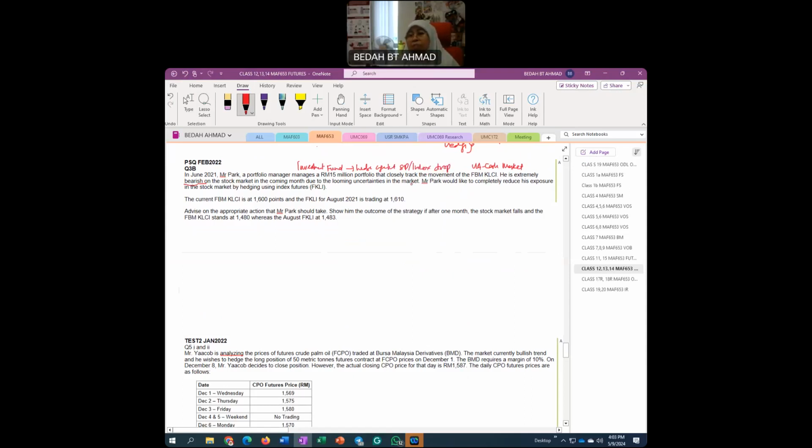So if Mr. Park wants to hedge against an index drop, that means he has to take a long position. That is the strategy in the futures market.